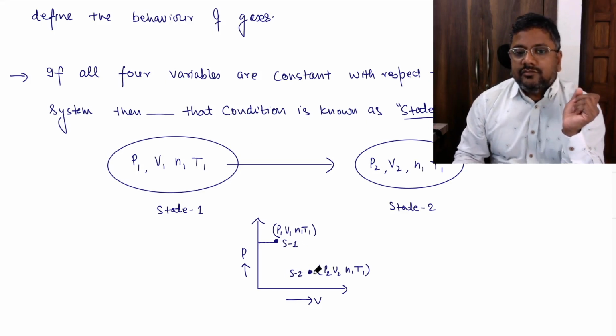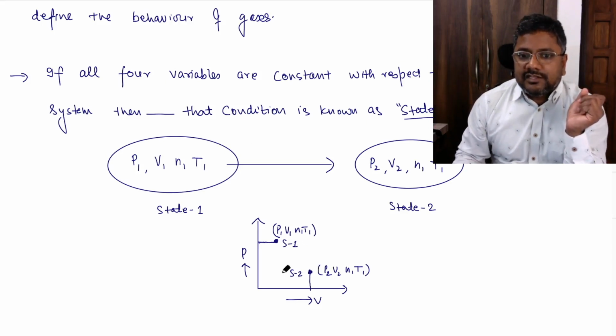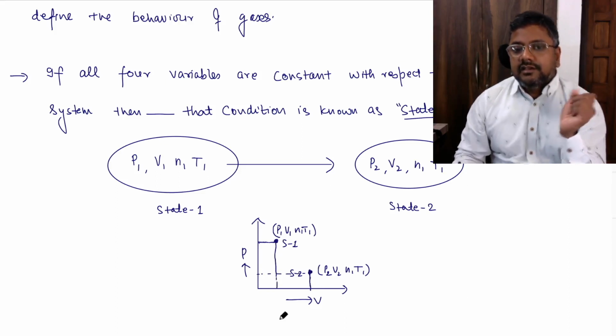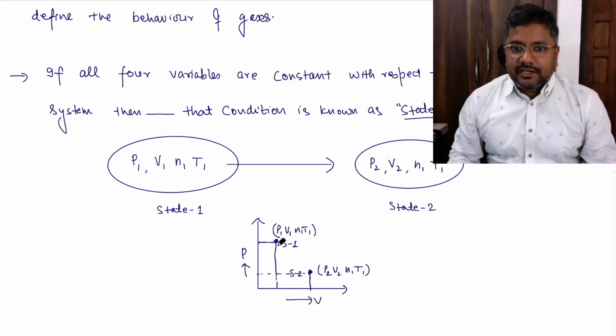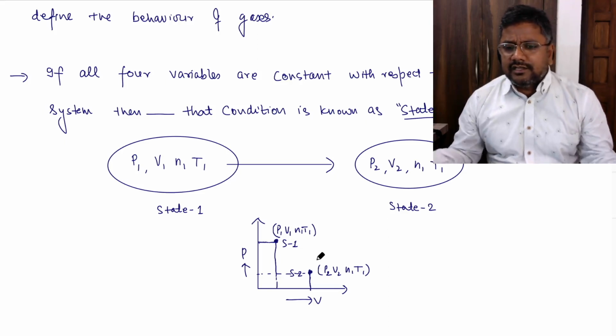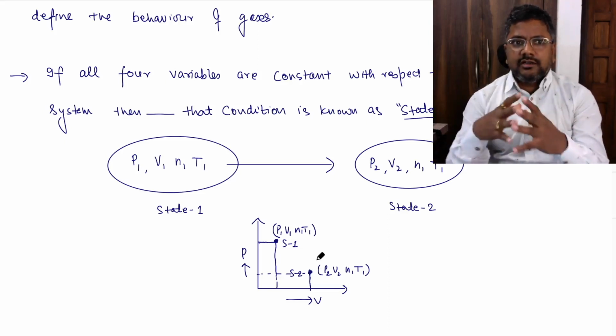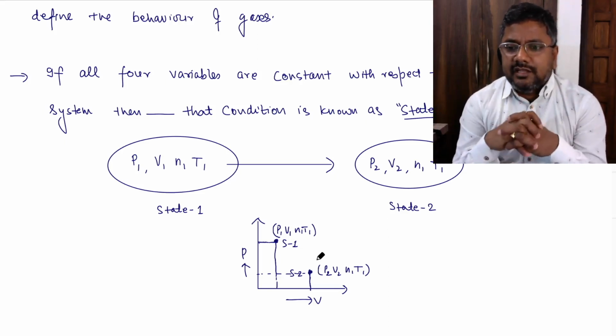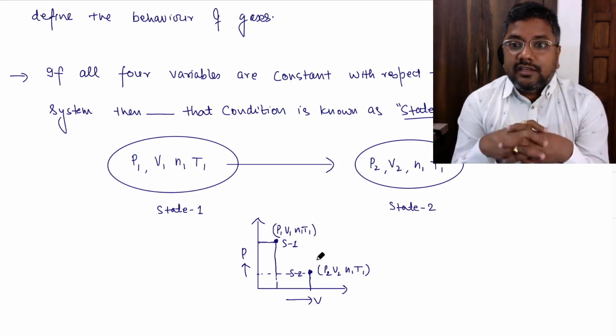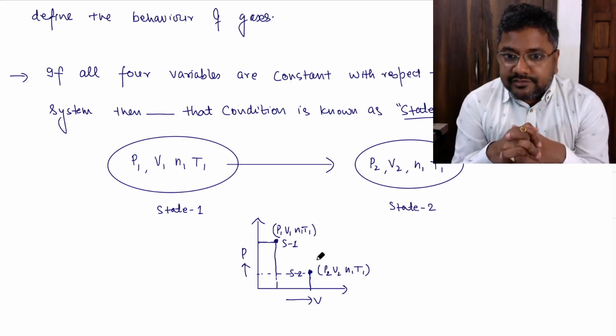This is state 2, right? It has some pressure, some volume different from this. And whatever path you choose from here to here is immaterial. So hopefully all of you are clear what is the meaning of state and what is the meaning of change in state.